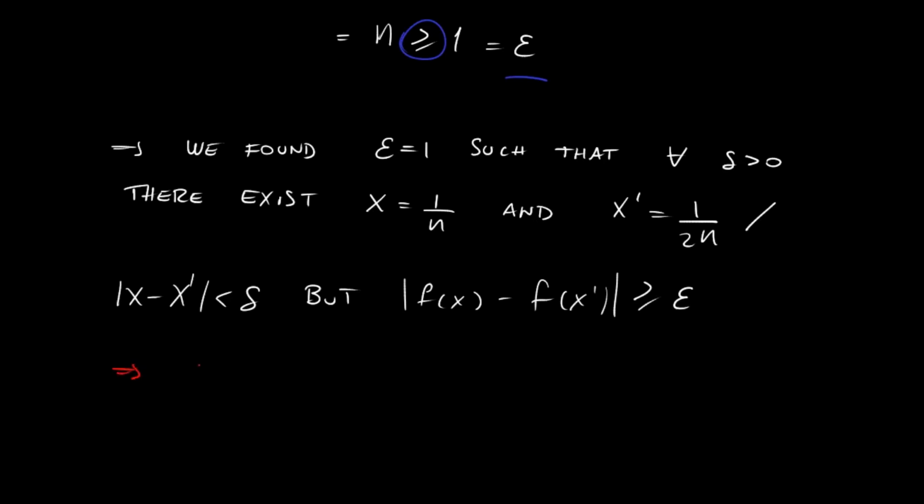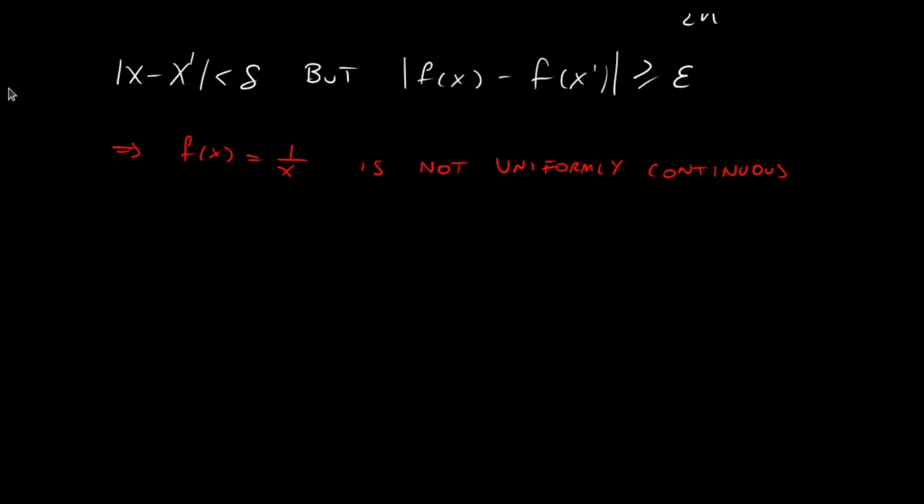And what this is telling us is that f of x, defined as 1 over x, is not uniformly continuous. So then, if f is continuous, it doesn't imply that f is uniformly continuous.